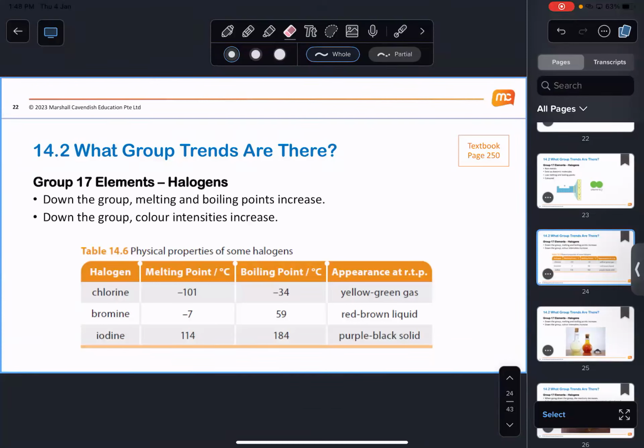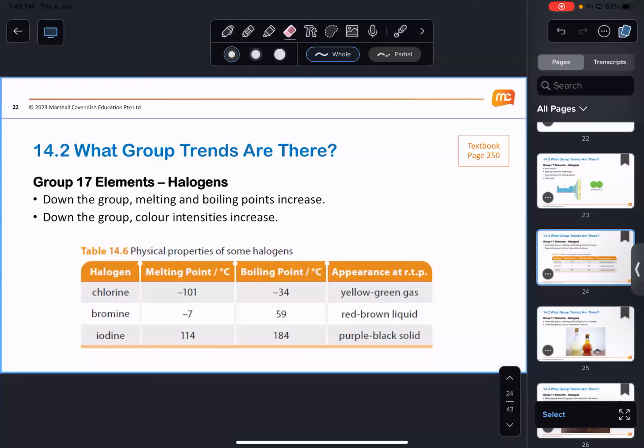Down the group, color intensity increases. For color, you must remember, please use the textbook appearance. Don't give me reddish brown, brownish red or your own colors. Please use red, brown, yellow, green, purple, black.